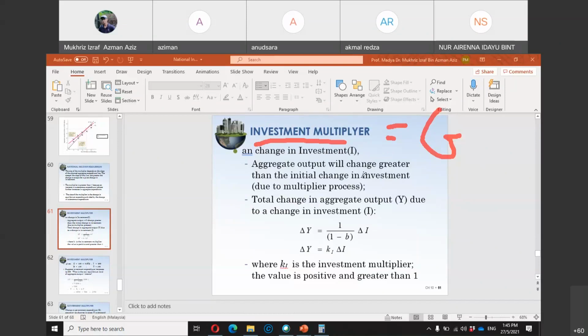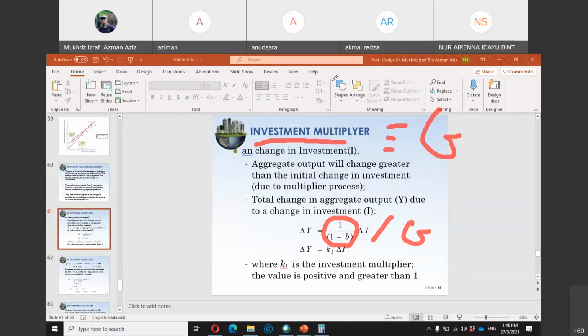The only difference is that you replace the symbol I with the symbol G. This component is the same. Please bear in mind, the investment multiplier is similar, not equal, to the process to calculate the government multiplier.